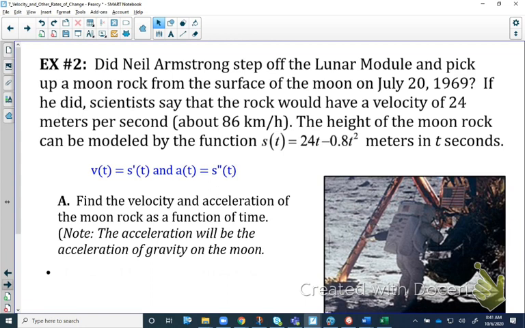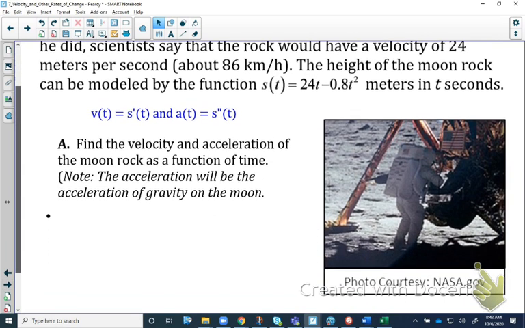So the negative 0.8t squared would be the acceleration due to gravity on the moon in meters per second squared. That's why it's a little bit different than some of the position functions that you've seen previously, where it said negative 16t squared or negative 9.8t squared for meters per second for the acceleration due to gravity.